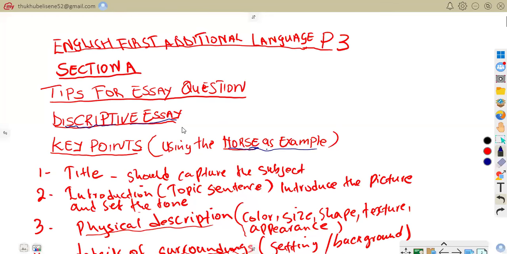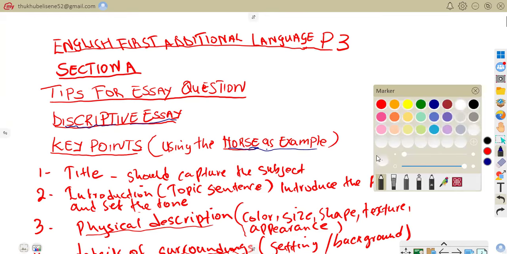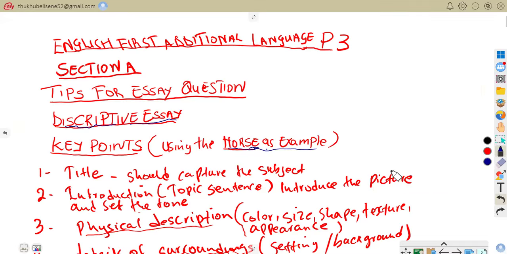We're going to look at the key points that make a sound descriptive essay. What should our essay entail to make it sound?